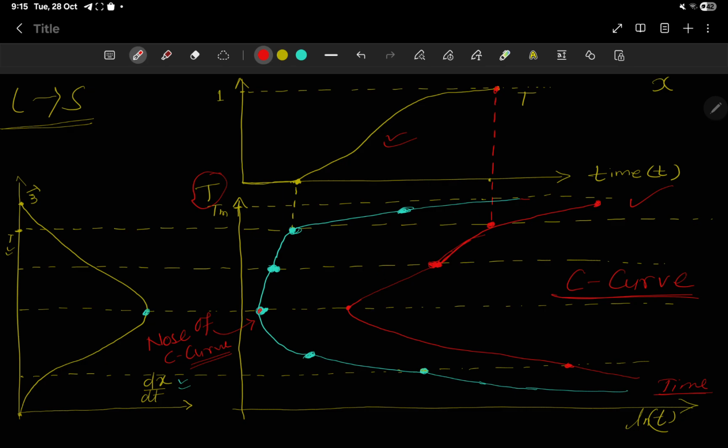That's why we call this curve the TTT curve: temperature, time, and transformation.